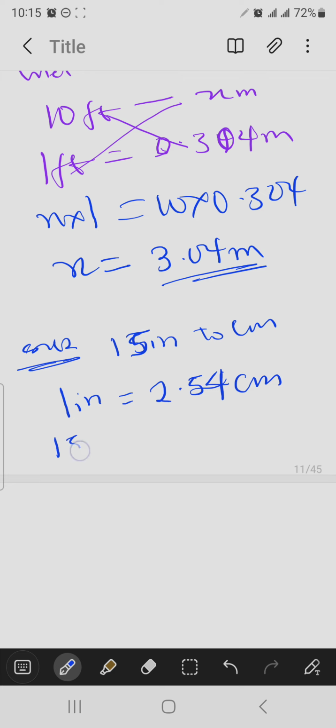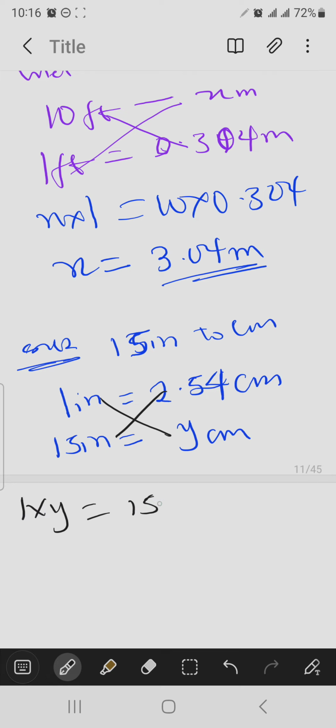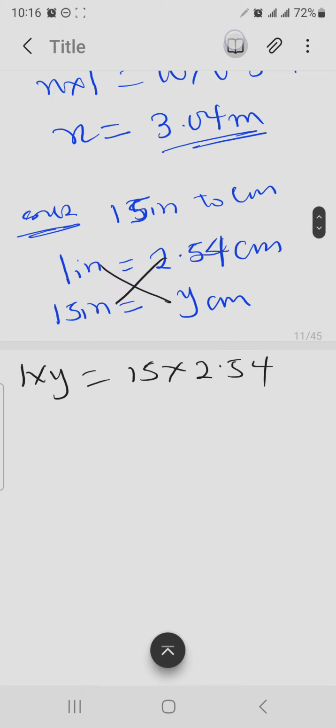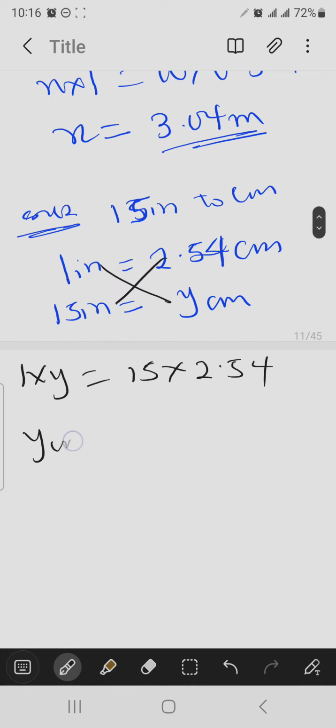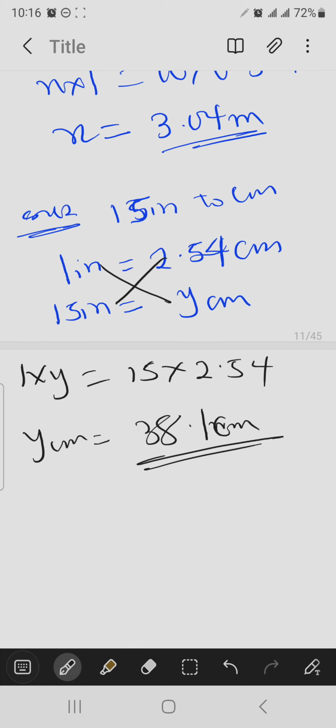So now 15 inches equals to what? You can say y centimeter. So now you cross multiply. 1 multiplied by y equals to 15 multiplied by 2.54. So y in centimeter will be 38.1 centimeter. So this one is going to be the answer.